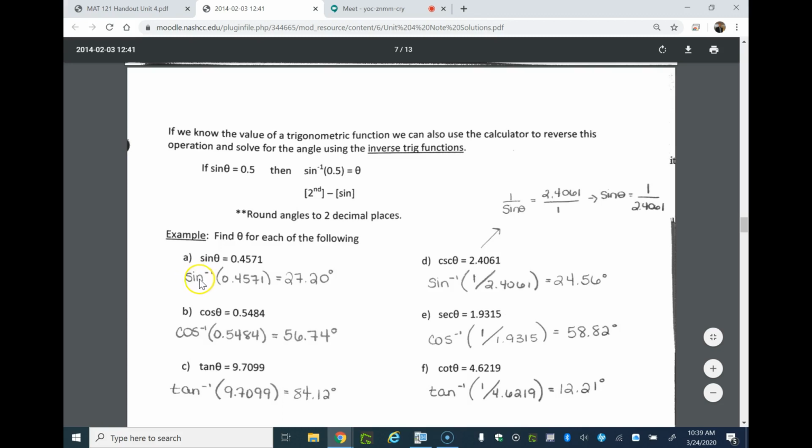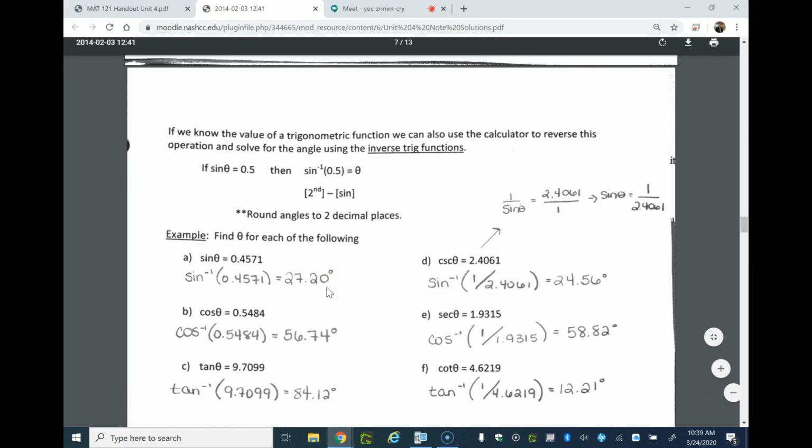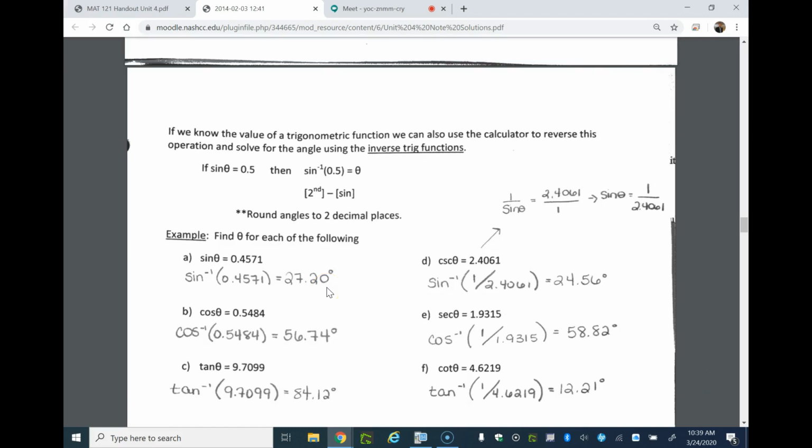So you do the inverse sine of this part and the inverse sine over here on both sides, just like if you take the square root of both sides, or add to both sides, or subtract from both sides. You always have to do everything to both sides. Take the inverse, these cancel, leaving you with just theta, and the inverse over here gives you this answer. So let me write this down.